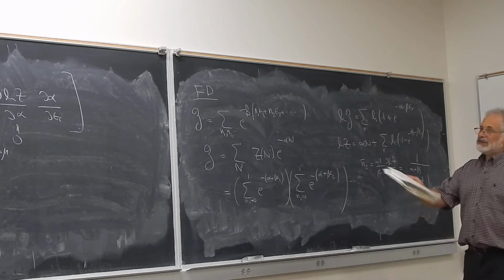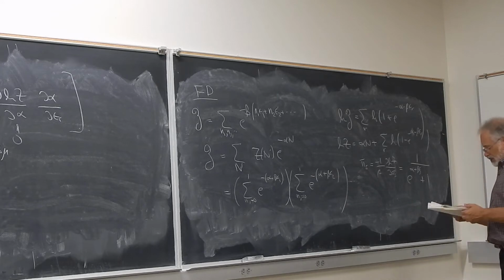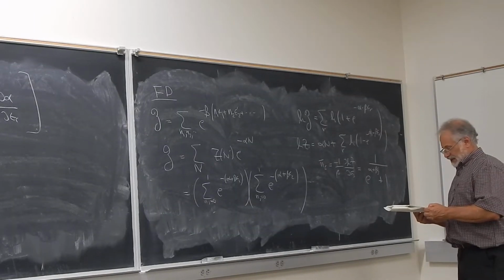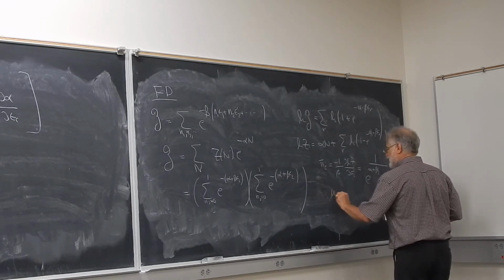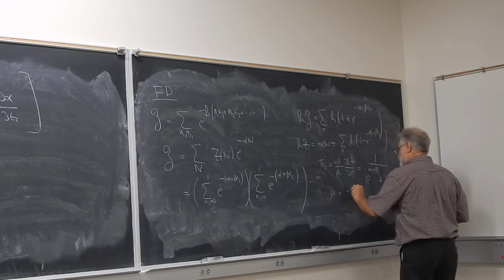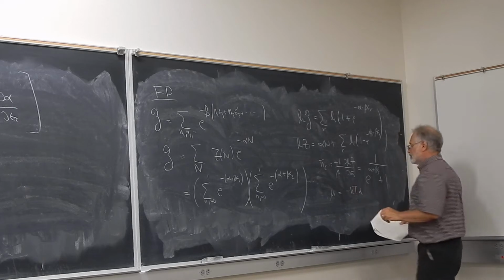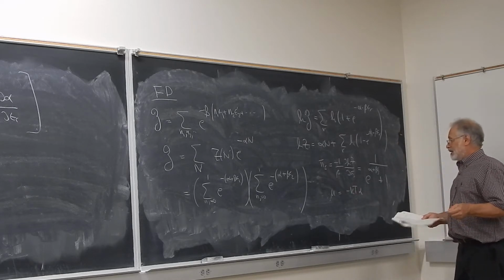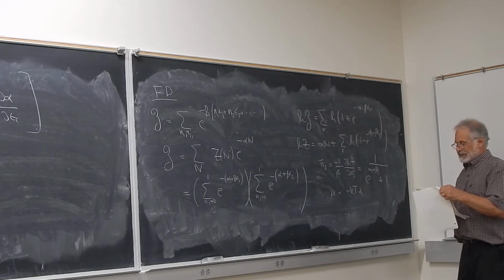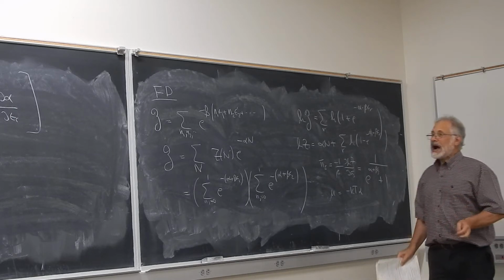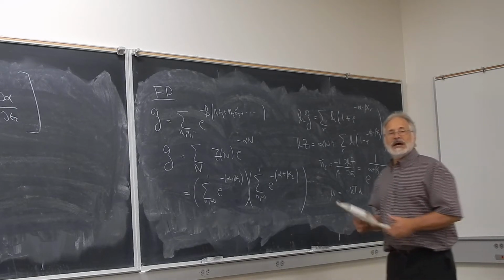Plus 1 in this case, minus 1 in the case of Bose-Einstein statistics. And of course, mu, the chemical potential, is equal to minus kT alpha. Beta mu is equal to minus alpha. Wow, that's a lot of work.